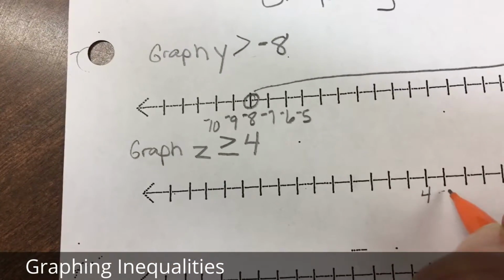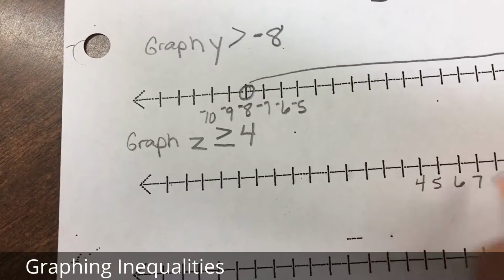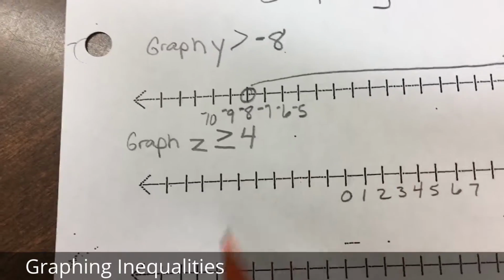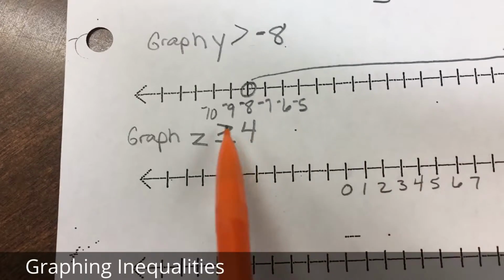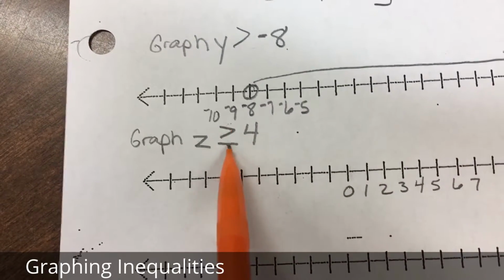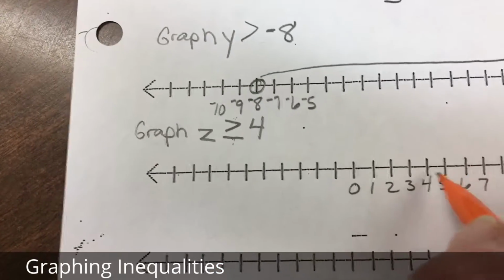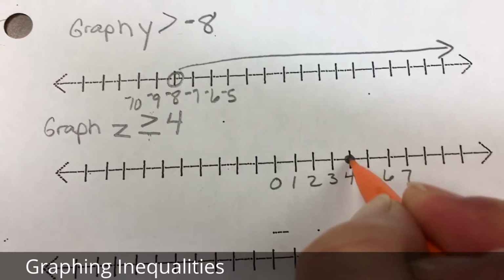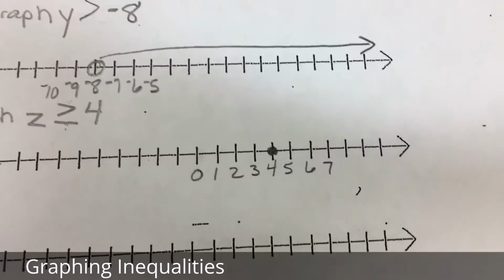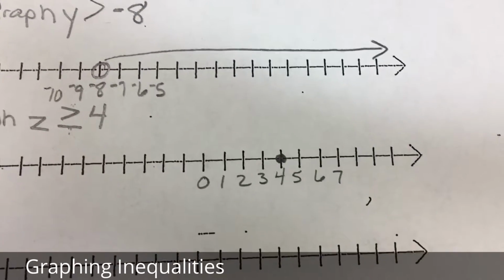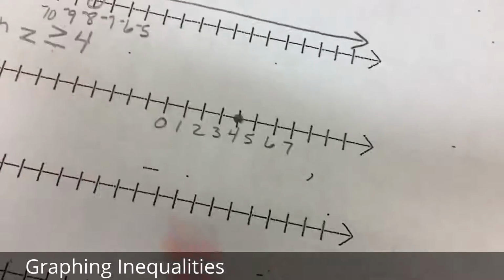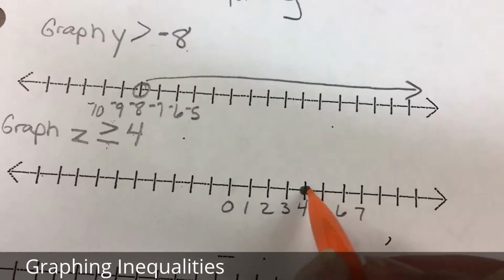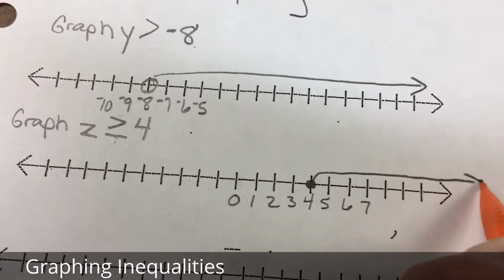This is going to be my 4, where 4 is at. The next thing I need to know, is it equal to? And if it is, you're going to put a little closed circle. It's going to fill it in. And now z is greater than 4, so it goes the same way.